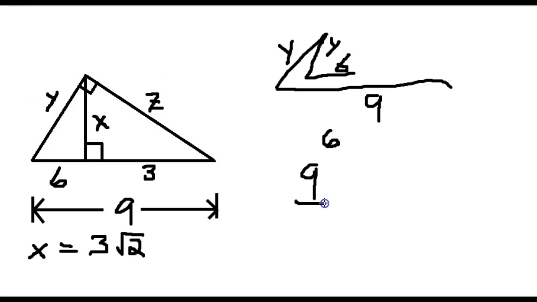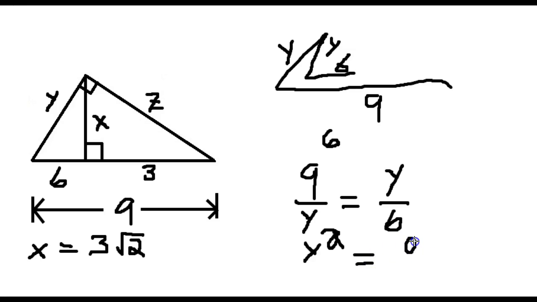9 over y is equal to y over 6. Cross multiply and we get y squared is equal to 9 times 6.